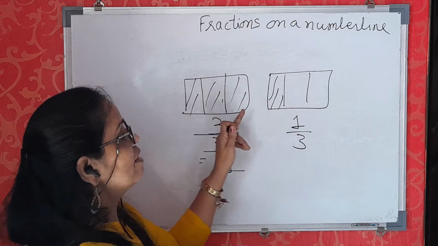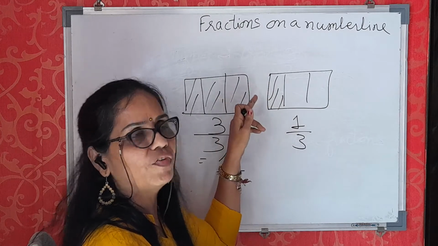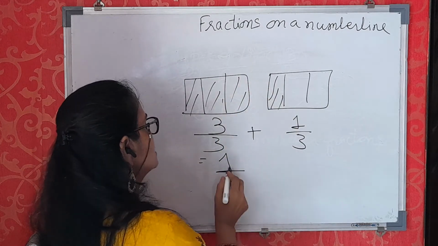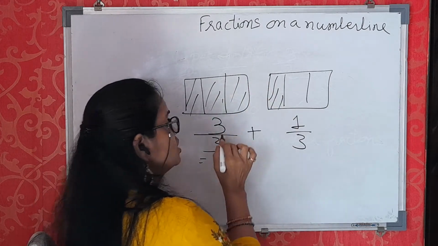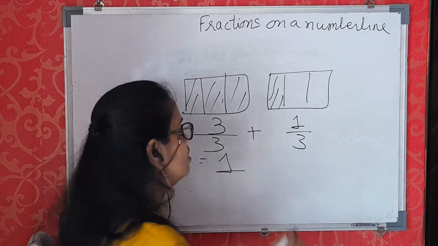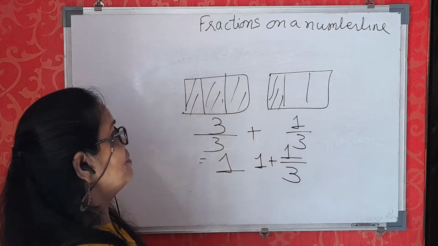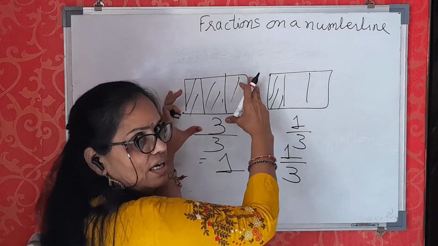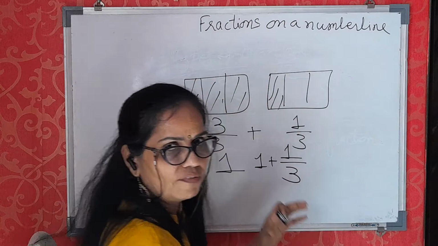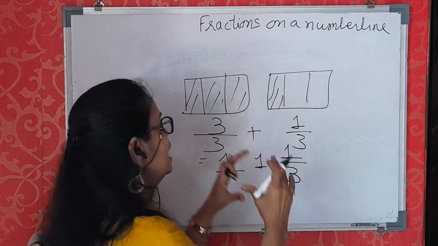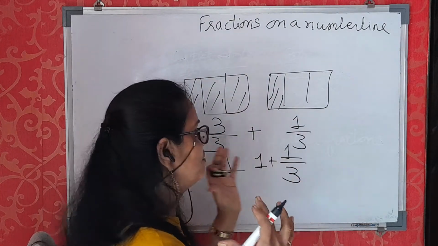So if I want to add these two figures, my answer will be 1, because 3 upon 3 makes 1 whole. So 1 plus 1 upon 3. That means 1 whole figure and 1 fractional figure, when I am adding those two, that means mixing.